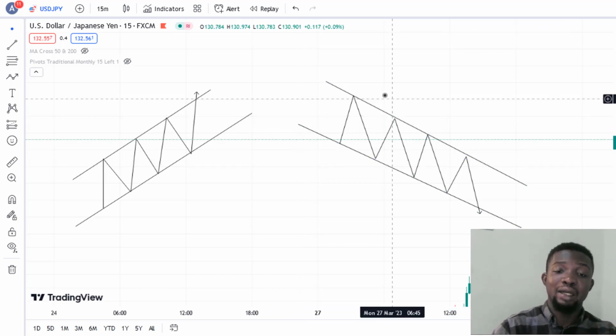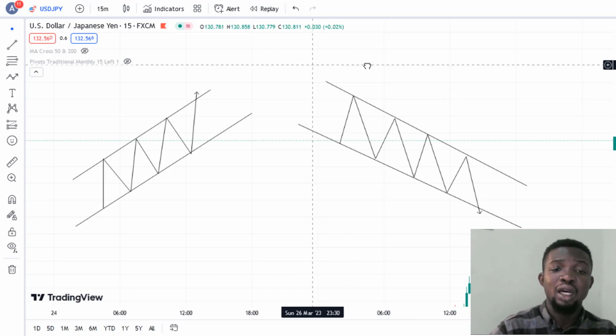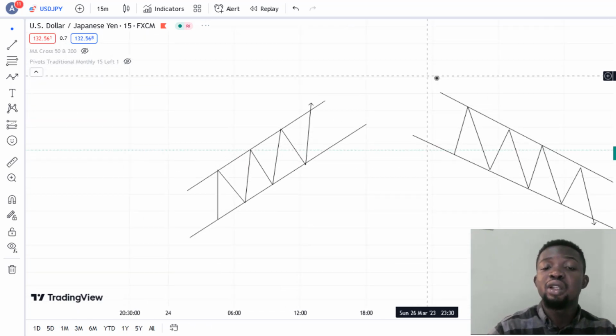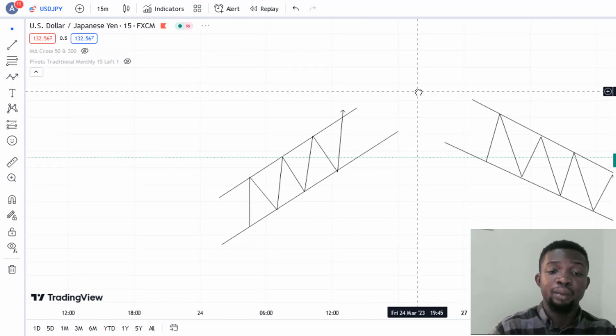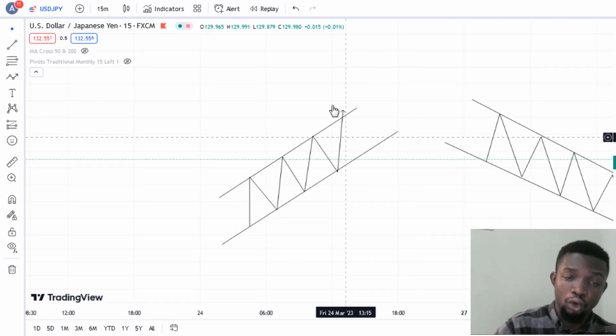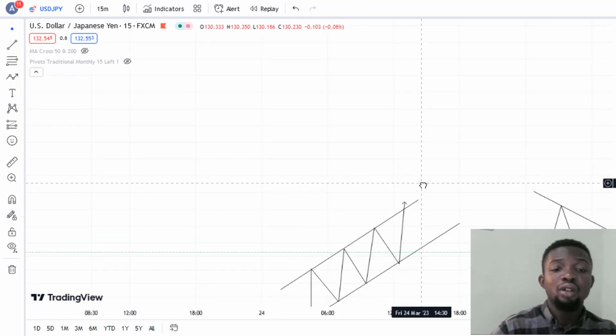Good. Now we have our downtrend market. Now we're going to pick this one after the other, and we're going to go with the uptrend market first before we jump back to the downtrend market.